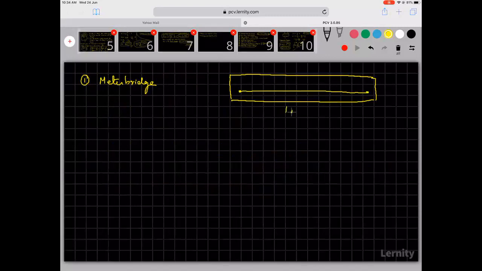This is 1 meter long. That is why it is called a meter bridge. Then connected to that, you have conductors, and one more point, and then there is a conductor like this. So these are all conductors.